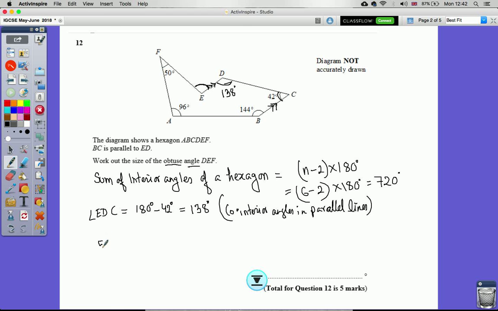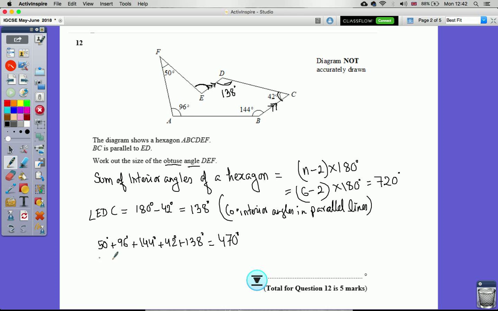Okay, so now let's add up all the angles and see how much we get. So we do 50 plus 96 plus 144 plus 42 plus 138. Let's see how much we get. We're getting 470 degrees.